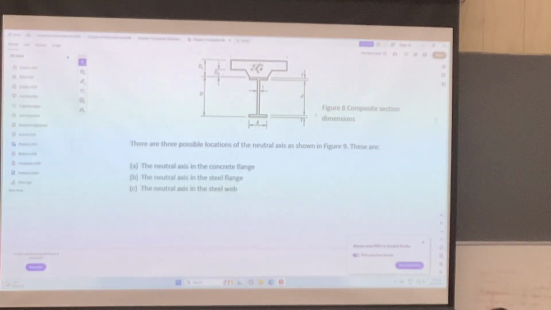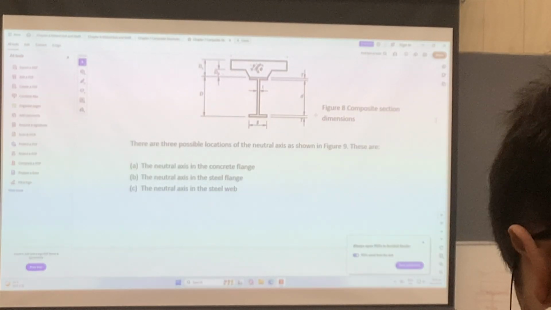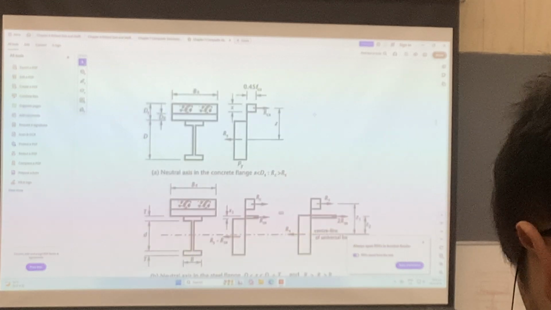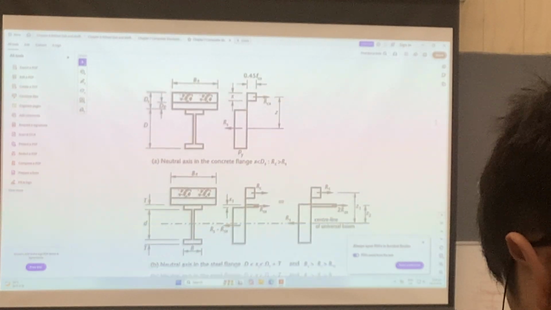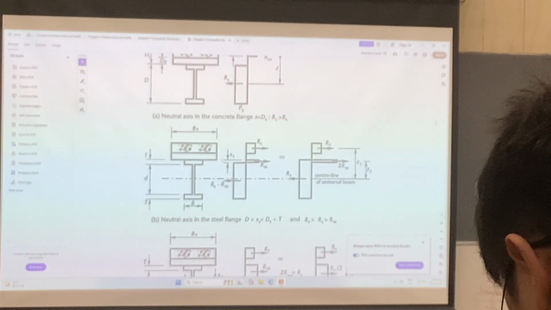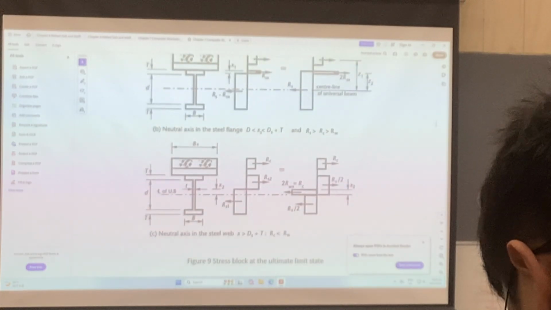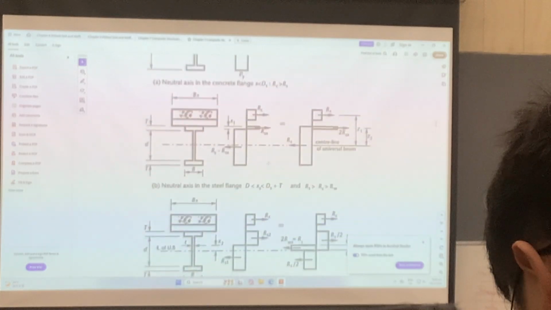Okay. So I have 3 different situations for the location of the neutral axis. So you can see that the neutral axis here is within the concrete flange, while here the neutral axis is within the steel flange. And then in the final situation, the neutral axis is within the steel web.